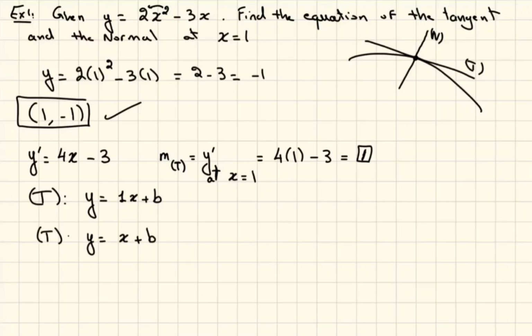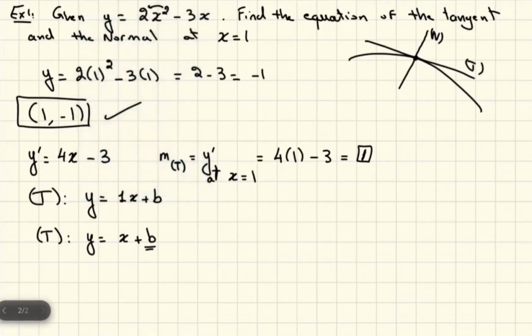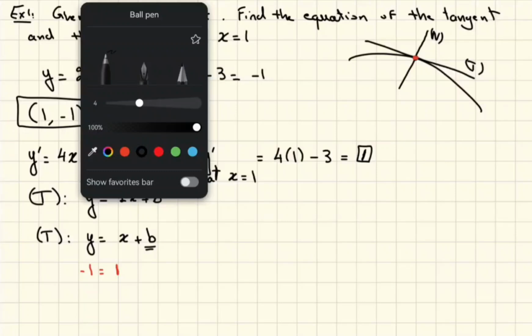Now my aim is to find b. As I said, this point belongs to the curve. I will label it in red. So this point where we have the tangent belongs to the curve and to the tangent at the same time. So we are allowed to substitute the coordinates of that point in the equation of the tangent. I'll take the y value of this point, which is -1, and the x value, which is 1, and I will find b from there.